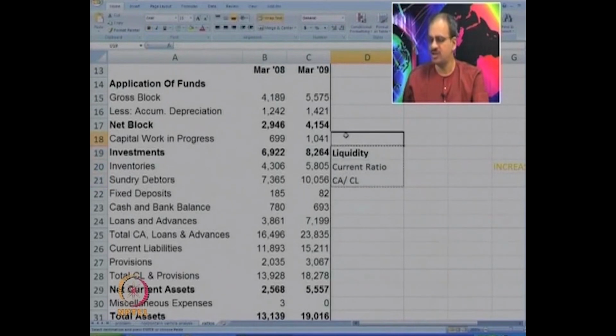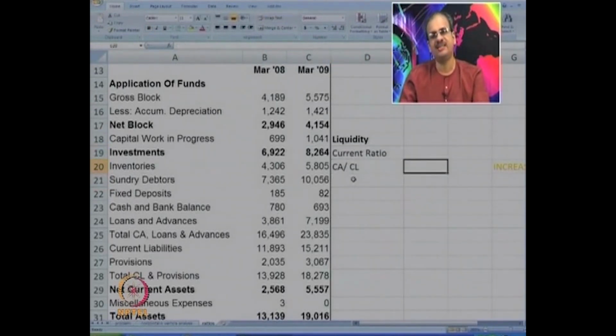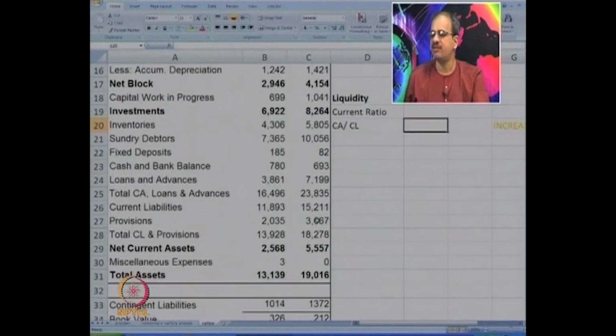So, for calculation of current ratio, the formula used is CA upon CL, that is current assets divided by current liabilities. So, what are the current assets? Just have a look at the balance sheet carefully. Which items will you include in current assets?